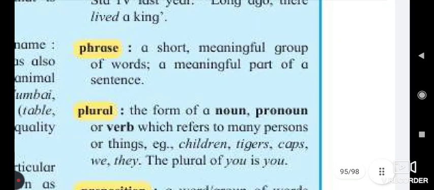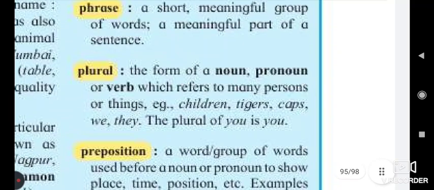Next point is plural, the form of a noun, pronoun or verb which refers to many persons or things. Children, tigers, caps, we, they. The plural of you is you.